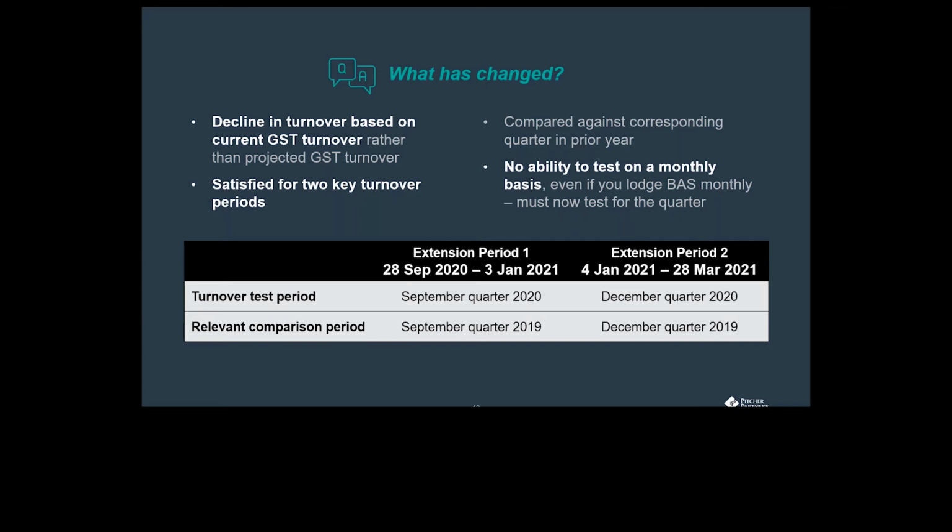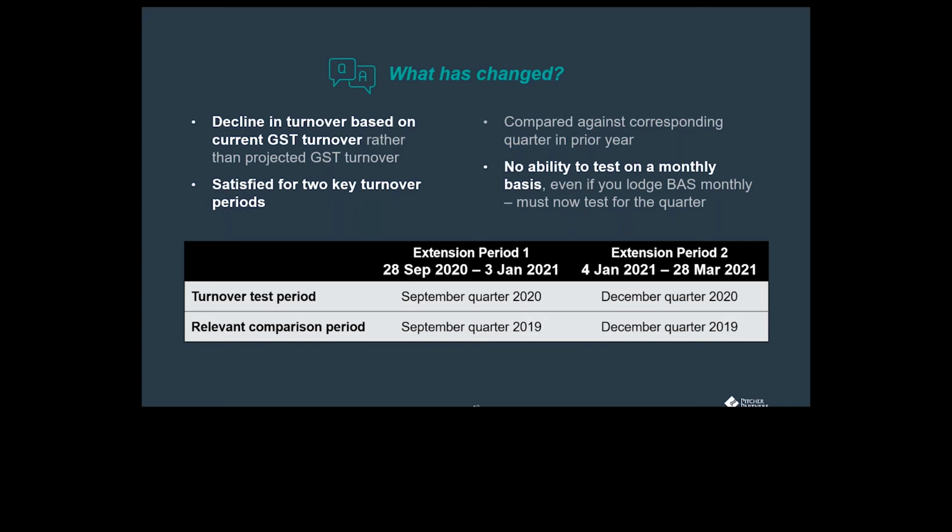So those calculations at the time could well have required you to do projections of your turnover for the relevant month or the relevant quarter, taking into account the fact that those periods hadn't yet finished.